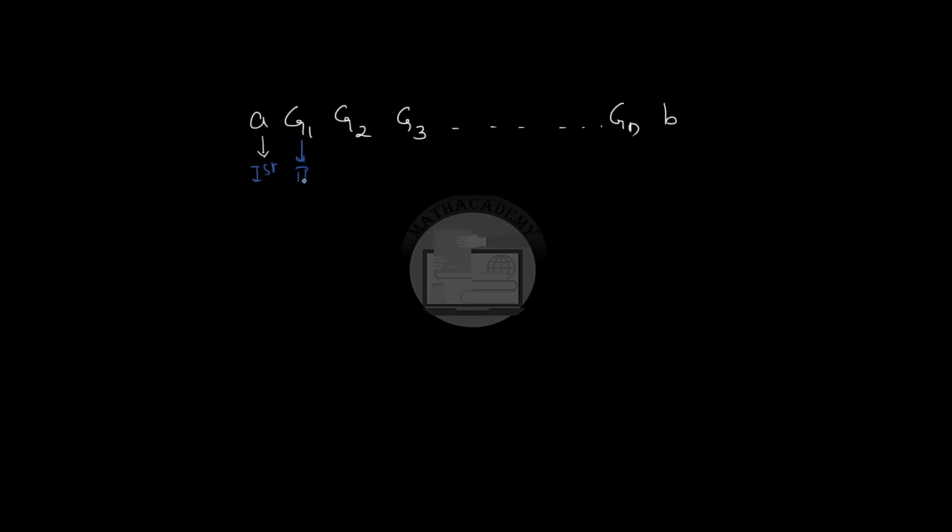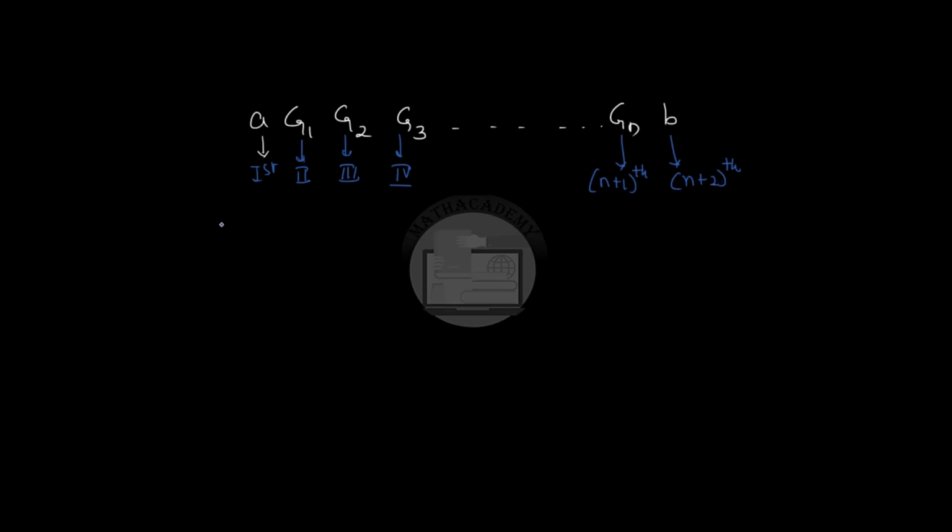G1 becomes the second term, G2 becomes the third term, G3 is the fourth term, and so on. Gn becomes the n plus 1th term and b becomes the n plus 2th term. So if n geometric means are inserted between a and b, then b will be the n plus 2th term.